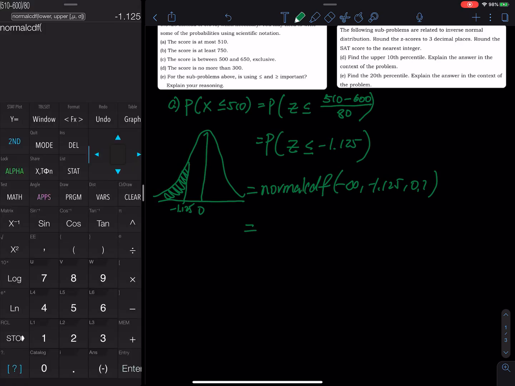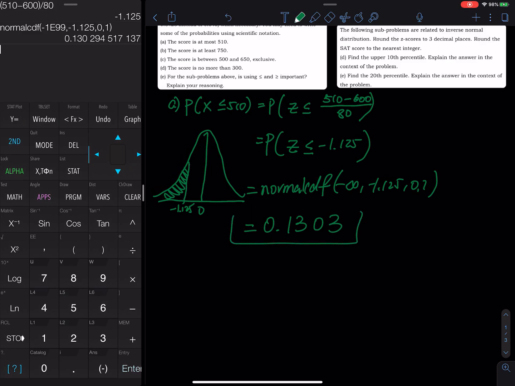Negative infinity is, you type negative 1 first. Again, the negative sign is between the decimal key and the enter key. Negative 1, second comma, you get the E, and then 99, comma, negative 1.125, 0, 1, close parenthesis, and then you get a probability 0.1303. So that is your probability.